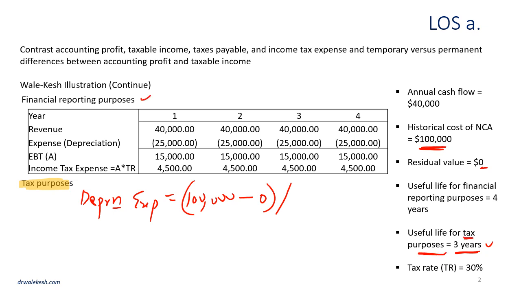Recall that we use 4 years for financial reporting purposes, but for tax purposes, we were told it is 3 years. So solving for this, that would be 33,333.33 US dollars.